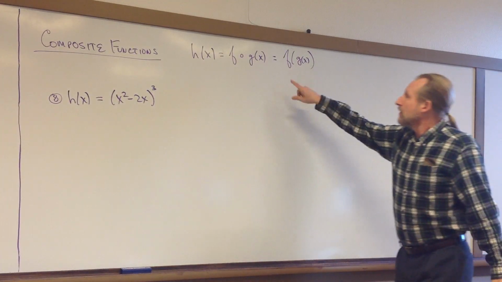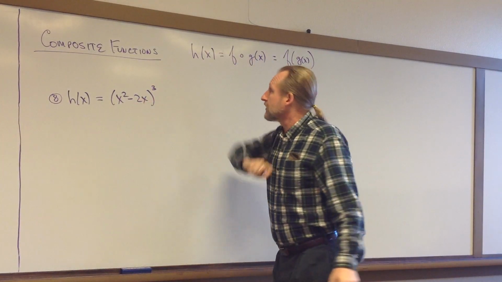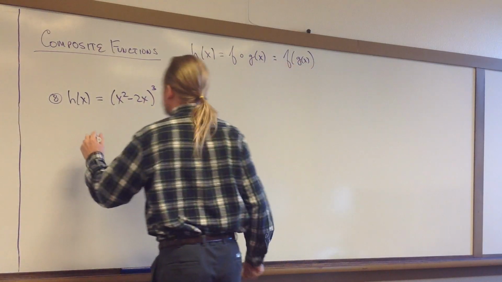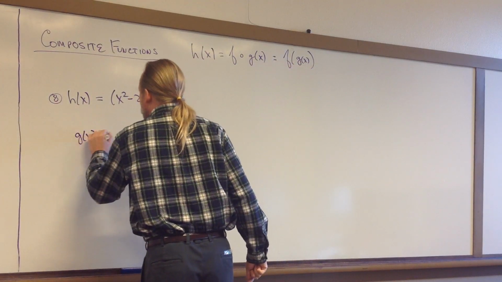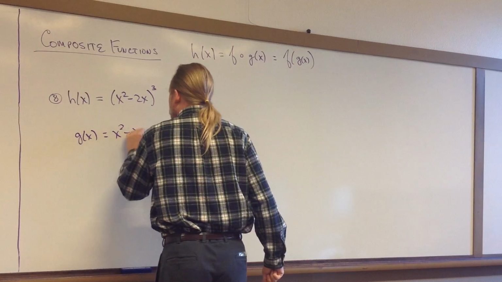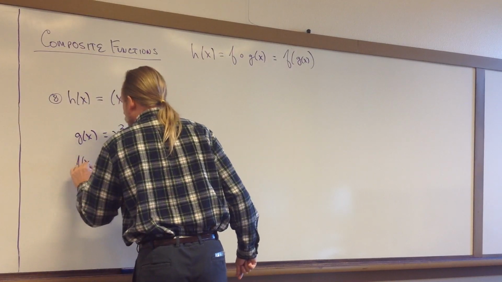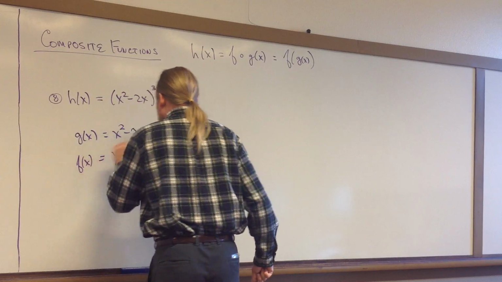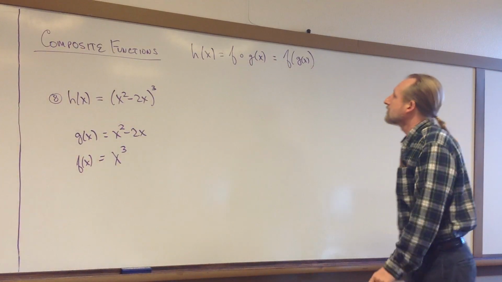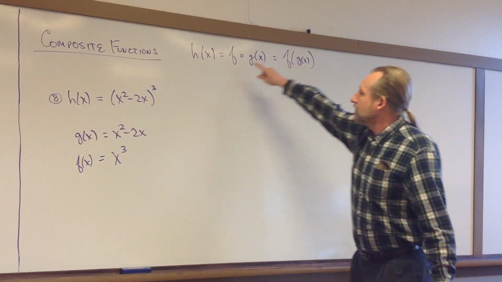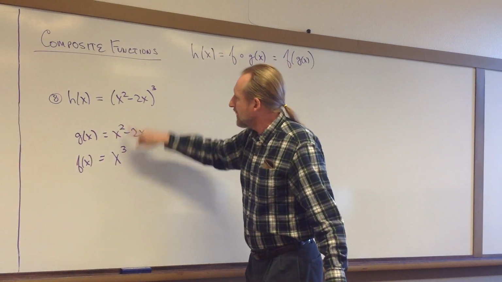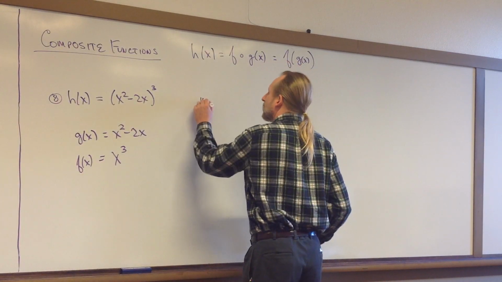So here, the interior function is x squared minus 2x, so we could say g is x squared minus 2x. And then the controlling function f is x to the third power. And so if we do f on g, plug this in here, we'll get h.